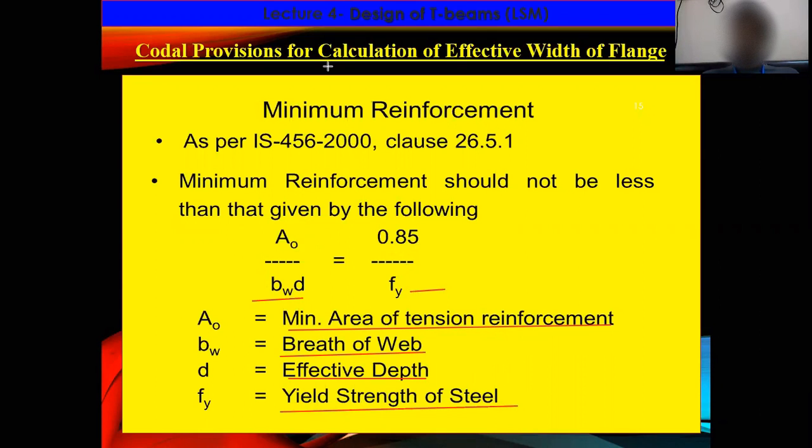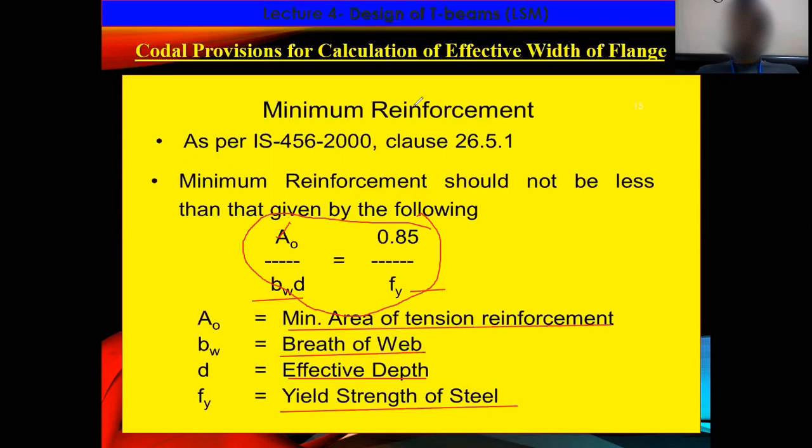So from this equation, you have to determine the minimum As, right? That means you need to provide at least this much reinforcement as tension reinforcement. If your required reinforcement is less than the minimum, then you provide the minimum reinforcement, the same way we have done it in beams.